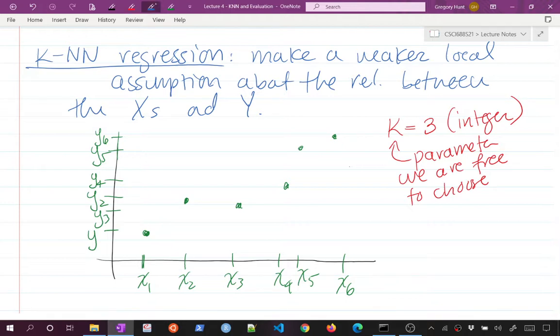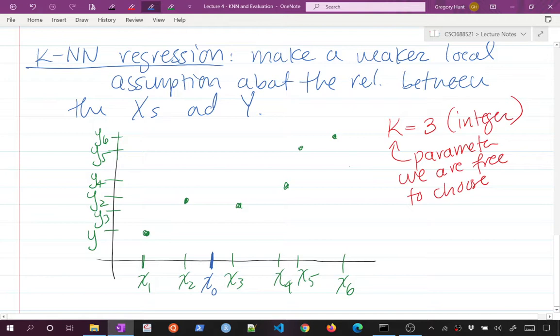So if I have a new point, and I'm going to put my new point here, let me call it x naught. And I want to predict at this point x naught the value of the corresponding y.